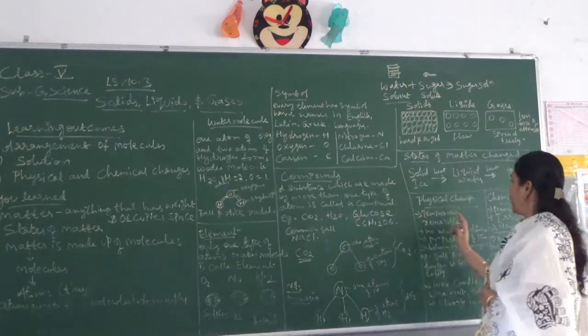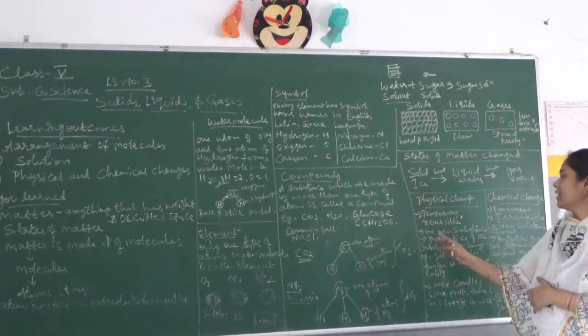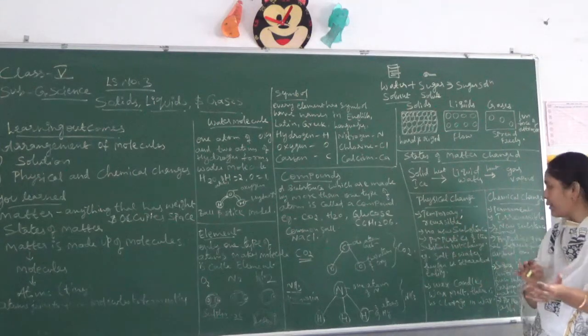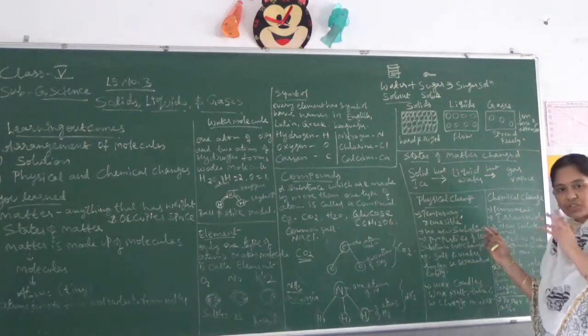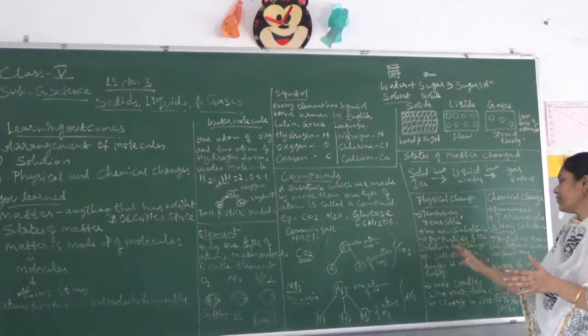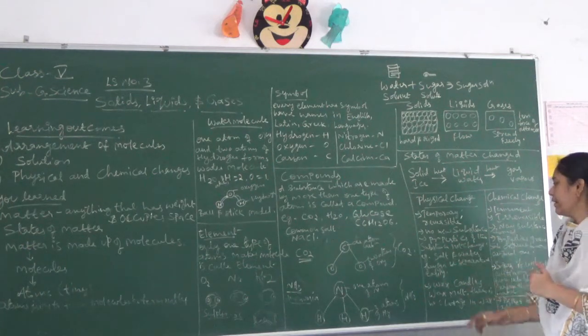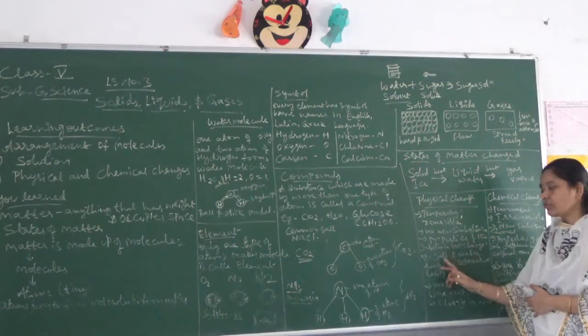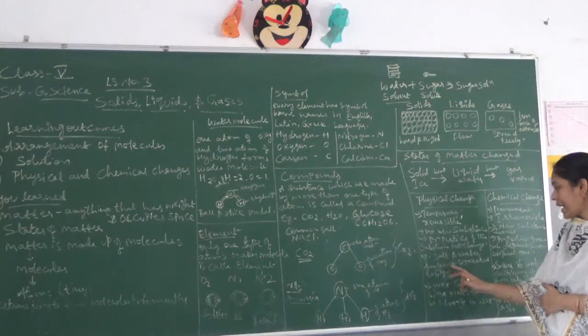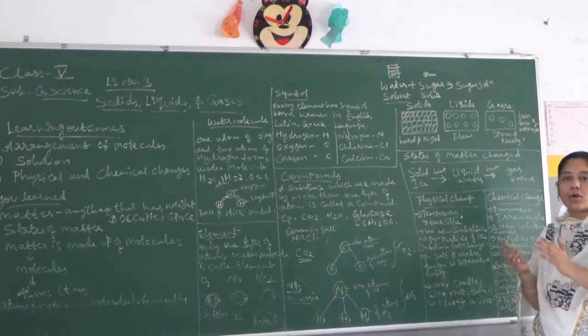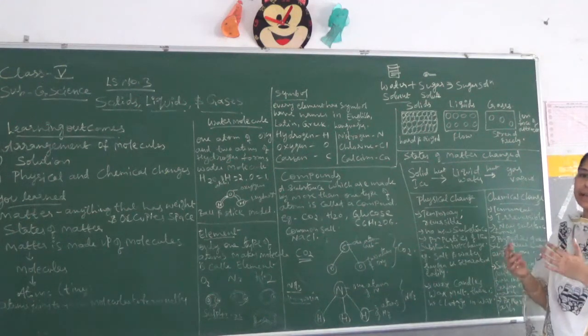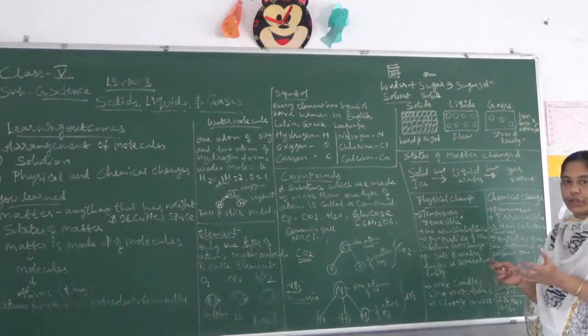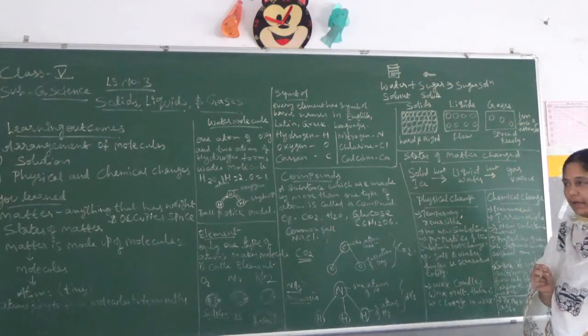So a physical change is a temporary, reversible change. No new substance is formed and the properties of the substance do not change. One example is salt and water. They can be separated easily. How? By heating the salt solution, the salt will remain at last.